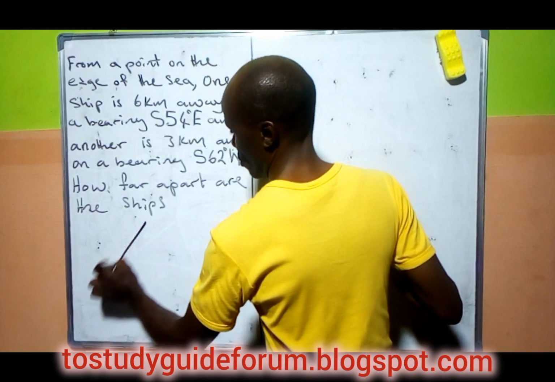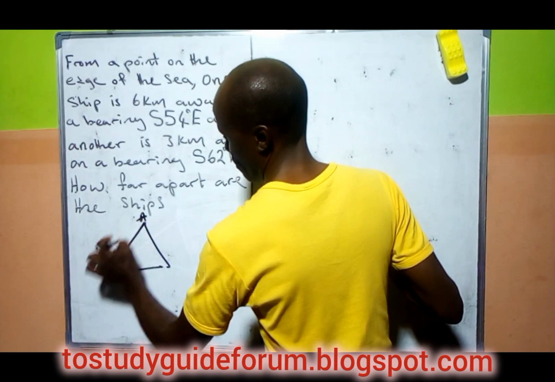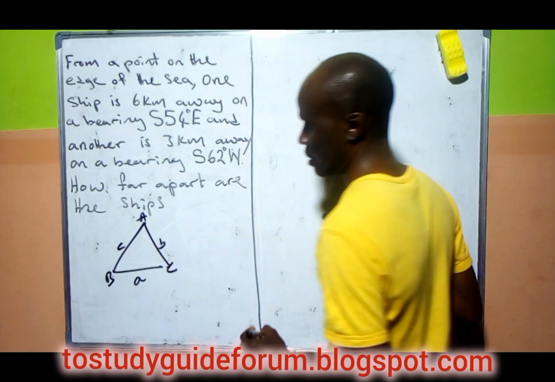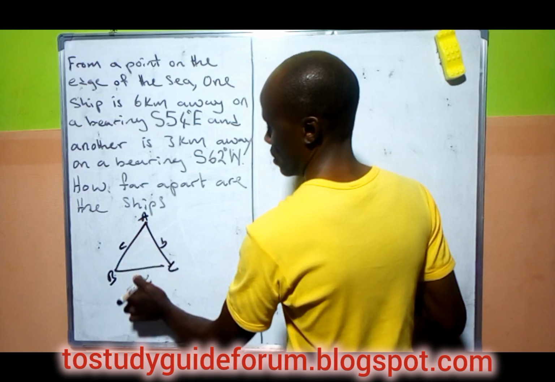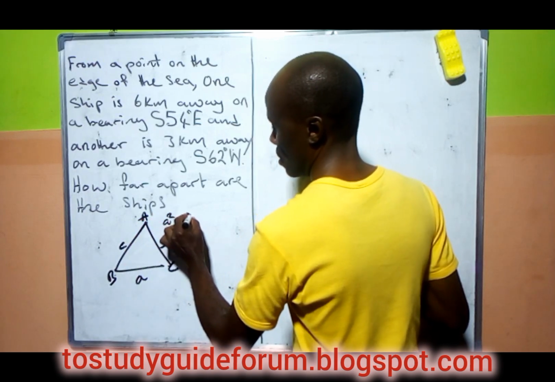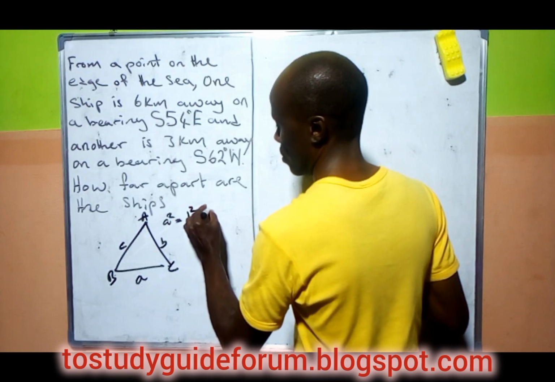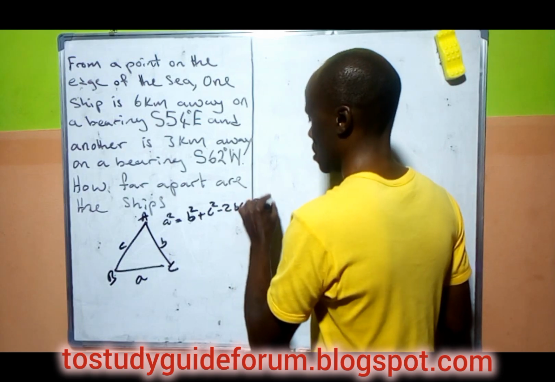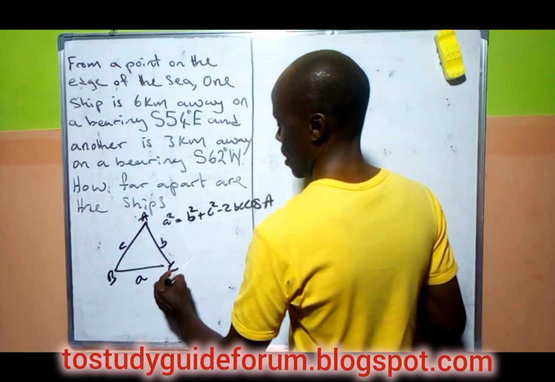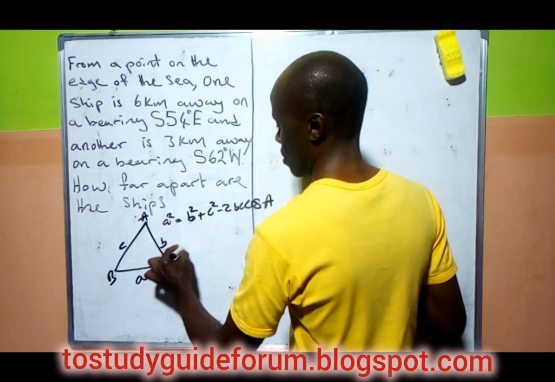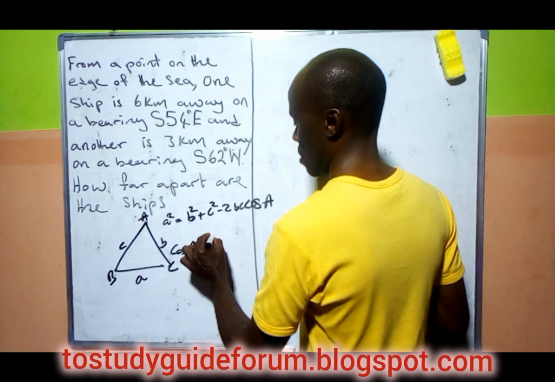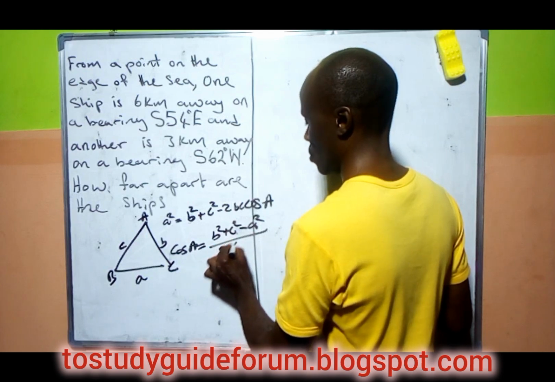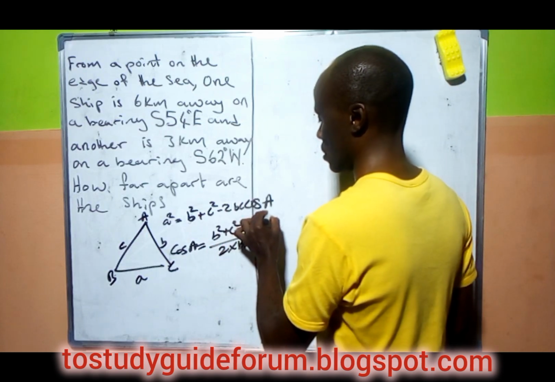So based on that, according to the rule, if we have this other side being side A, to find side A means b squared plus c squared minus 2bc cos A. So to find the angle A, what we need here will be cos A, that is b squared plus c squared minus a squared divided by 2 times b times c. That is how we're going to get it.